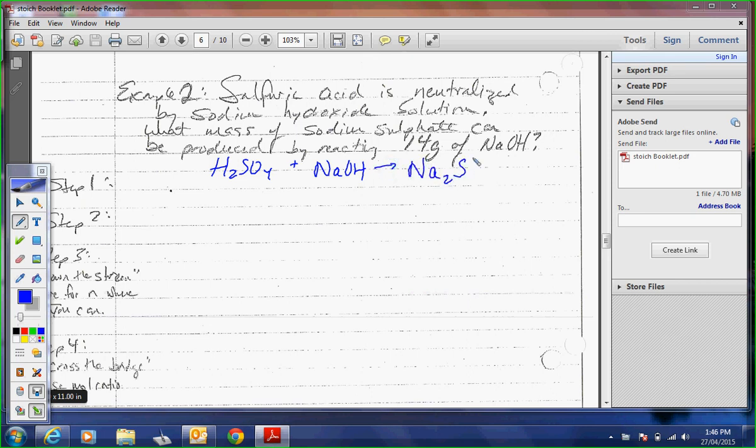Sodium sulfate, you might have to look up, but it already says what mass, so it must be a precipitate. You don't have to look that up. And you're going to get water because it's a neutralization, so you get a salt and water. And this is liquid. What mass of sodium sulfate can you get from reacting the mass of 14 grams from sodium hydroxide? That bit there should not take you very long to set up.